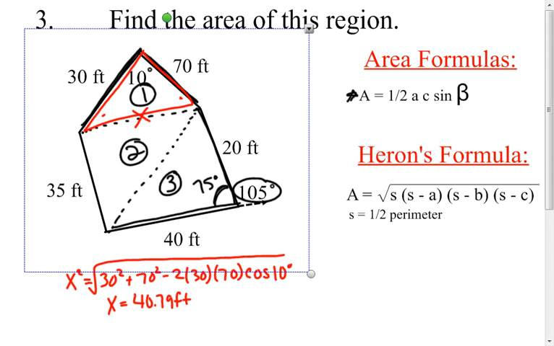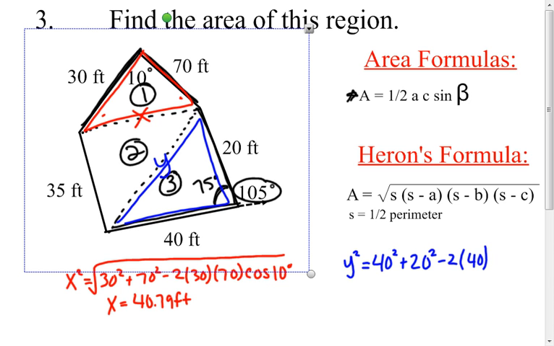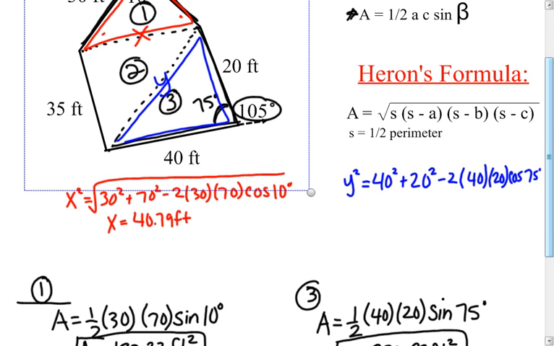Very similarly then, I'm going to find y, and I'm going to call this y. To do y, I'm going to use this triangle down here, very much the same, and I will go y squared equals 40 squared plus 20 squared minus 2 times 40 times 20 times cosine of 75.